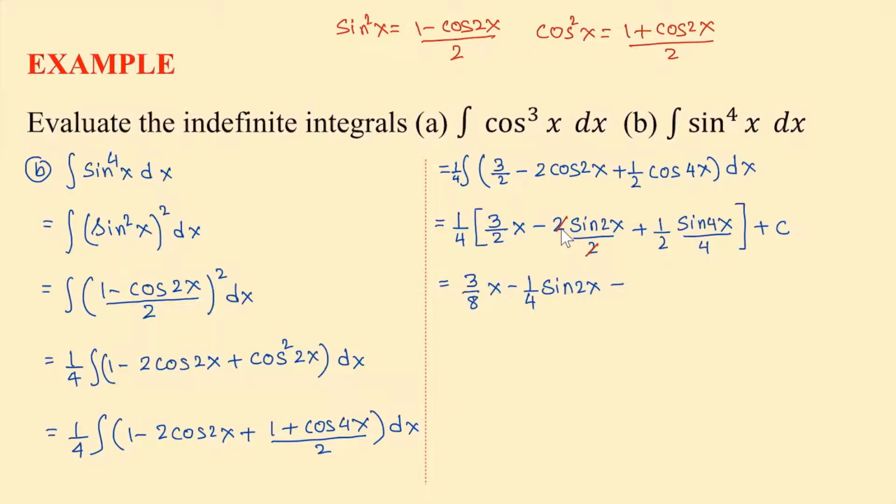Then plus, in the denominator over here, you have 8. And from here, you are multiplying by 1/4. So 1 times 1, 1 in the numerator, 4 times 2, 8. 8 times 4 is 32. So it becomes 1/32 sine 4x plus c. So this is the value of the integral given here in part B.